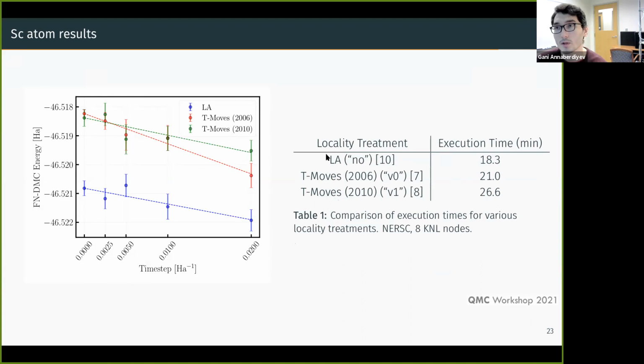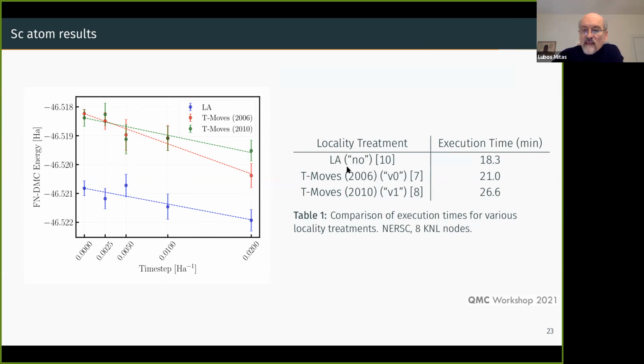There are cases where you can get very close to an exact trial wave function, and in those cases you would obtain essentially the zero variance property if you use the locality approximation. So I wouldn't say it's a historic thing, but as Dr. Mitas suggested, they're essentially complementary to each other. In some cases it would make sense to use T-moves, such as the stable runs I've shown. In other cases, using the locality approximation might make sense.